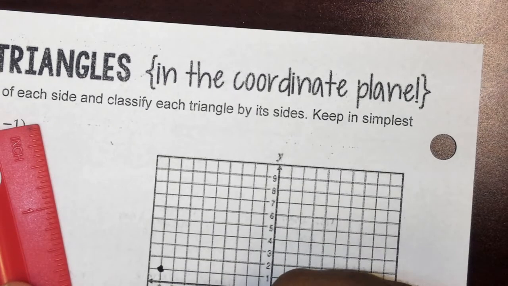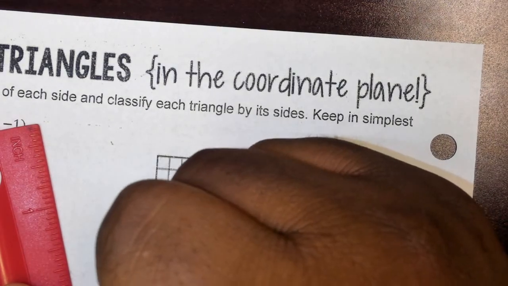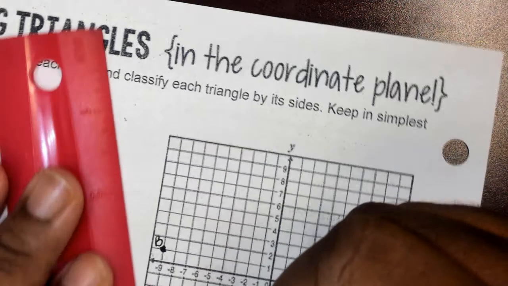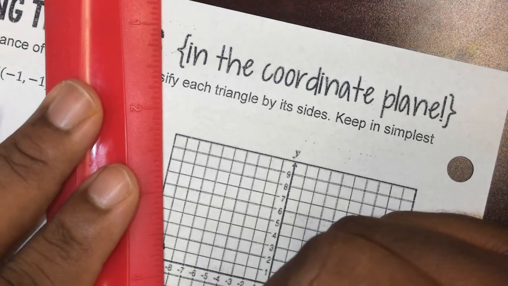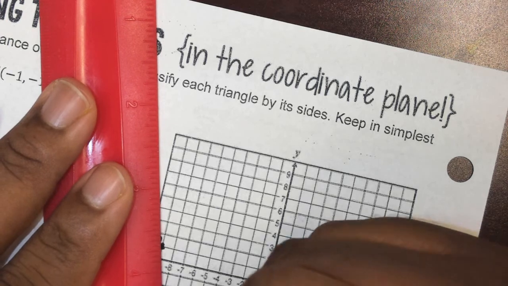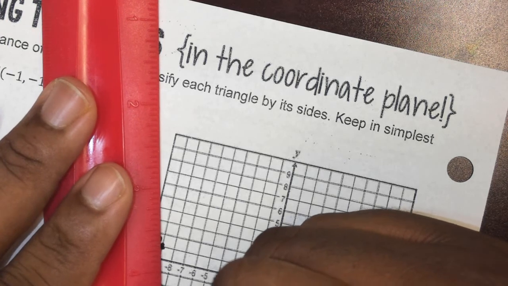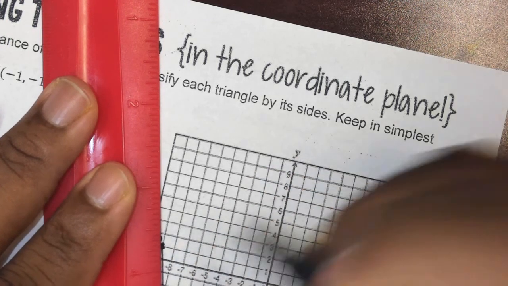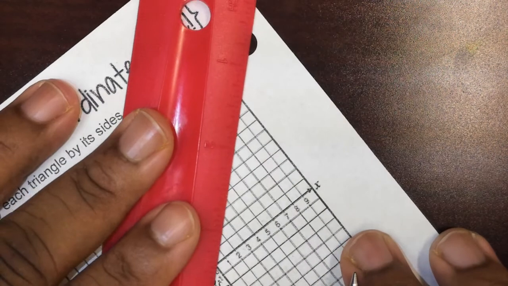Oh, label A, B, C. Don't worry, we're not rotating or nothing like that. We good. We're done with that. Well, we are. Isaiah's still rotating because he's taking the test.